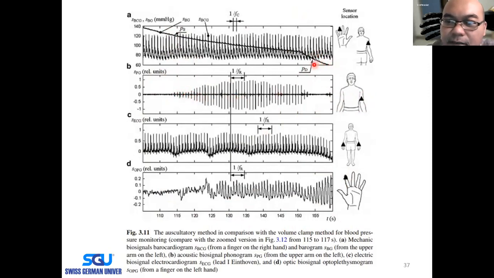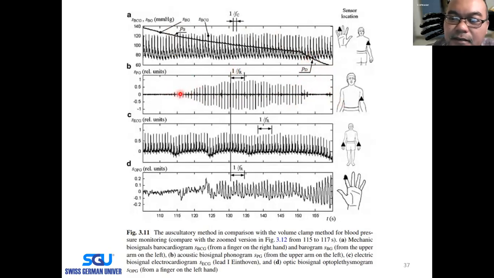Then the diastolic blood pressure is measured when the sound goes from this muffling period into silence, more or less somewhere here. So this is the measured blood pressure. The systolic and diastolic are measured during those two periods.